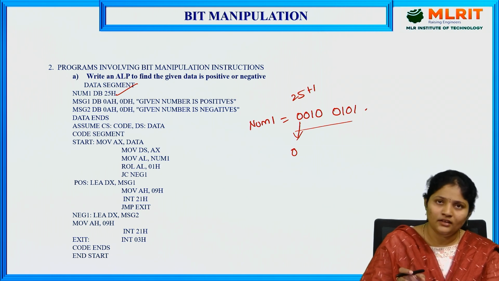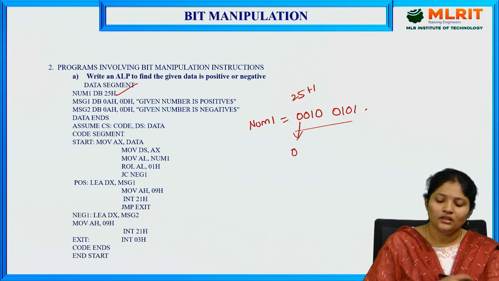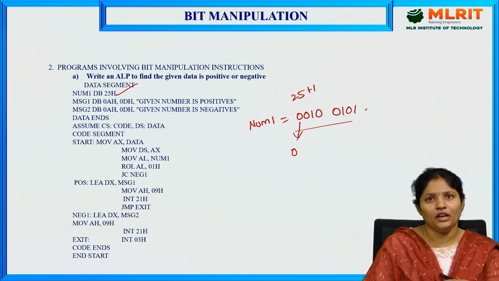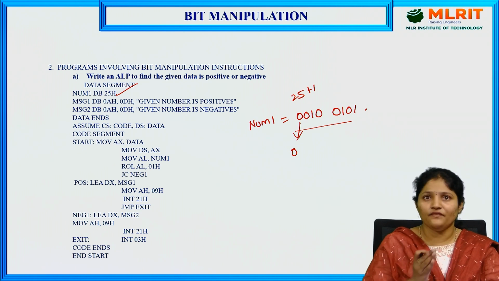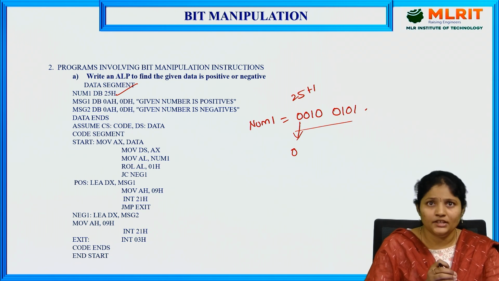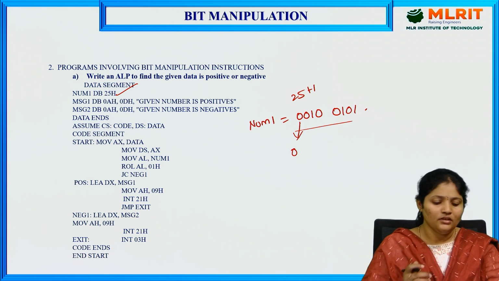While looking here we can directly say, but how will the processor identify whether it is positive or negative? We need to write a logic depending upon bit manipulations. Find the most significant bit: if it is 0, the number is positive; if it is 1, it is negative.